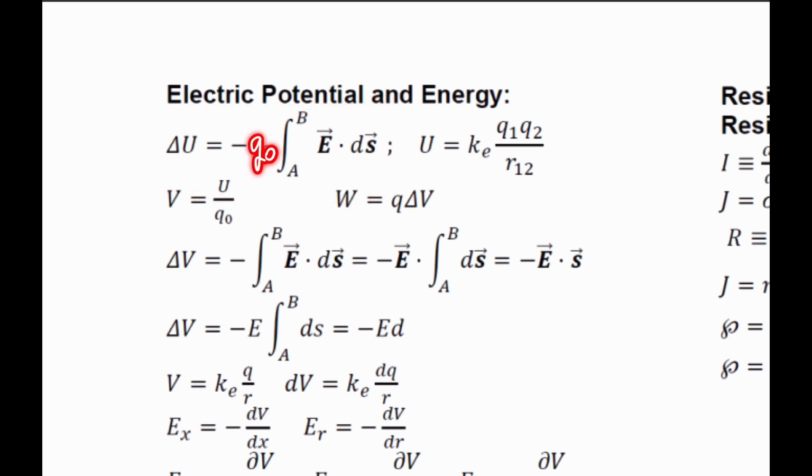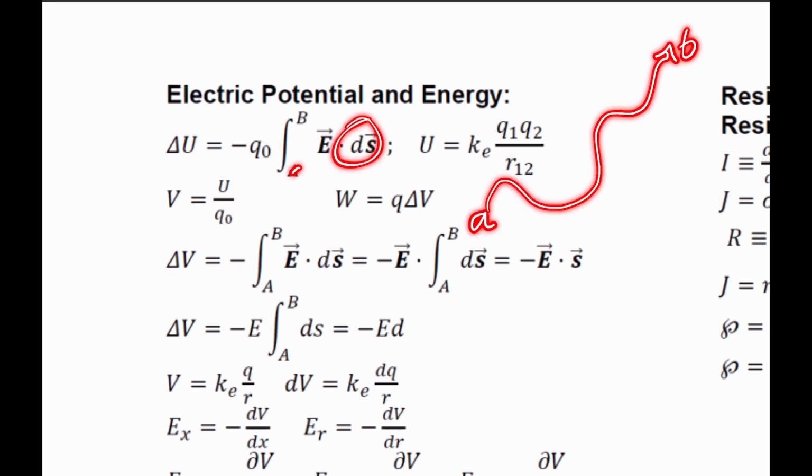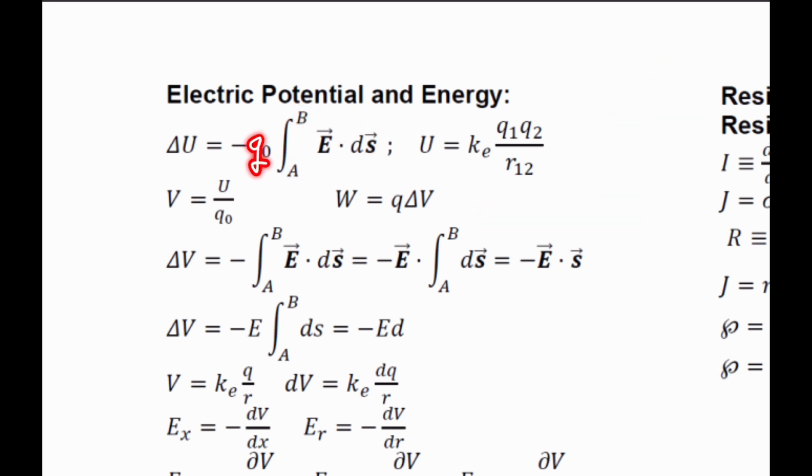We have Q naught over here multiplied by an integral. Inside the integral, we have electric field dot product ds. So this ds is like a pathway from point A to point B, right? If you multiply some Q naught by the electric field, what you get is, remember the first part of the equation sheet, we get an electric force.